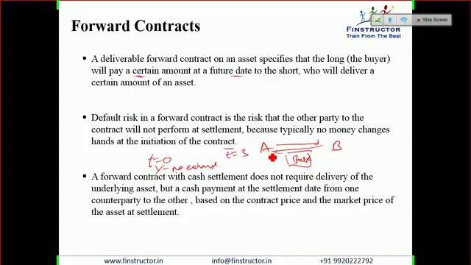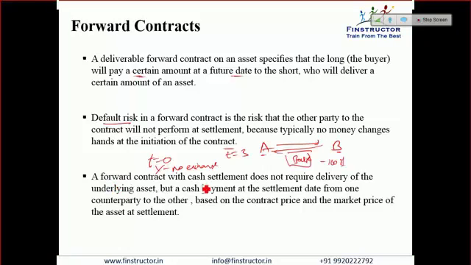At t equal to 3, A will buy the book and B will sell the book for a price of $100. And that is when one party can renege on its obligation or decide not to honor the obligation, which is the default risk, as we explained in the previous review as well.